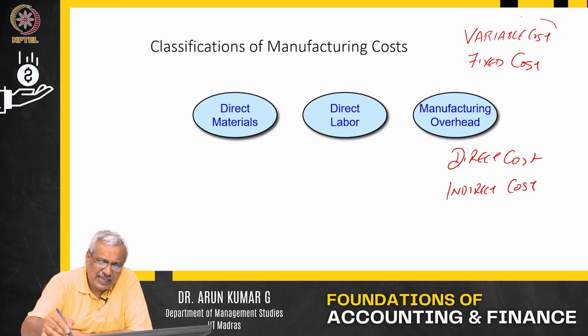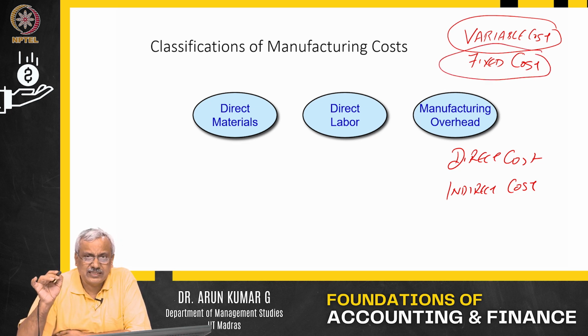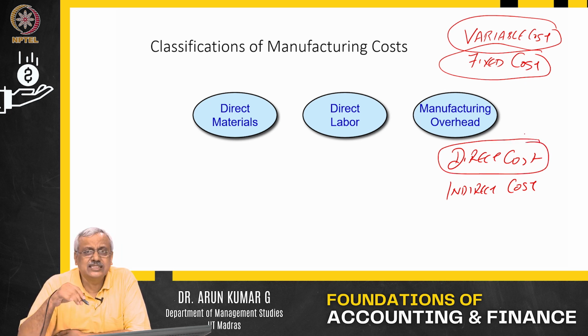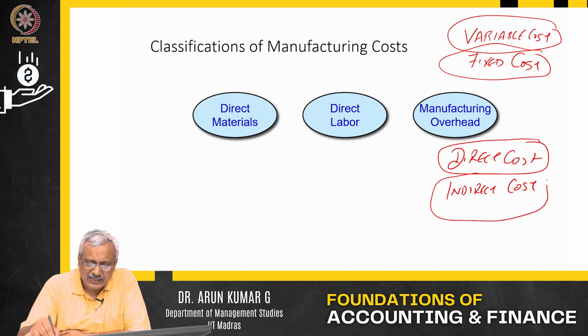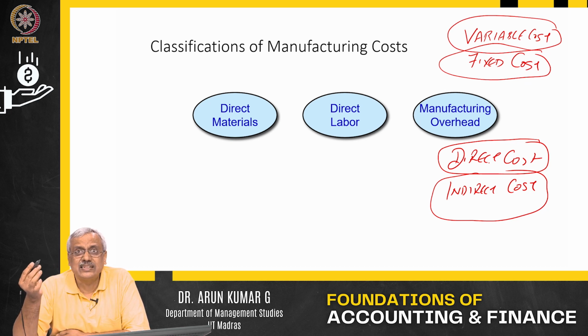Variable cost varies. It is not static. Fixed cost remains fixed irrespective of whether the production is on or not. Direct cost has a linear relationship with output. Indirect cost can be variable or fixed, and will not have a linear relationship with the output.